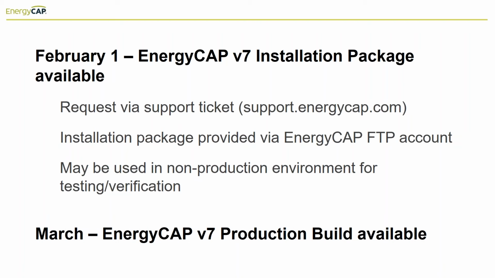The support address is here, support.energycap.com. You can create a support ticket on behalf of your organization. We will then deliver the version 7 installation package to you via your EnergyCAP FTP account. If for some reason you don't have that account or can't find the credentials for that, you can put that into the support ticket, and our support team will work with you to make sure that you get access to the installation package.